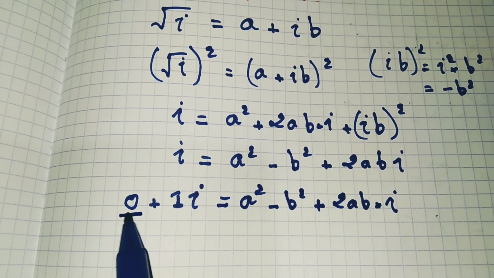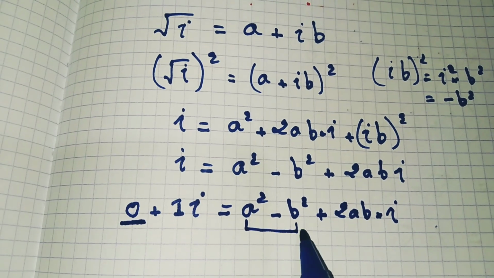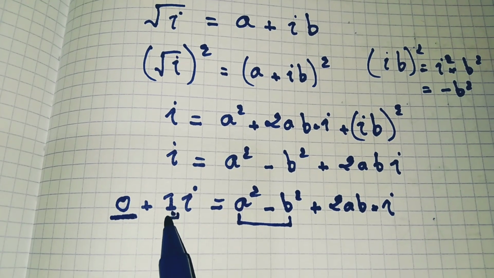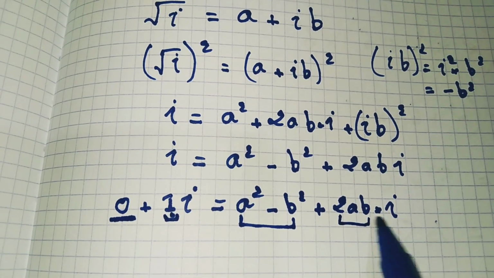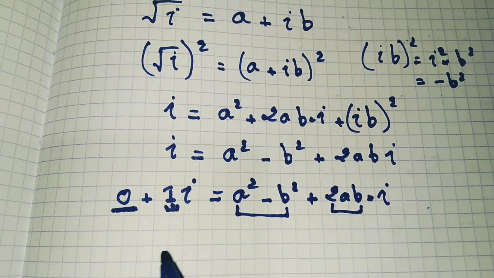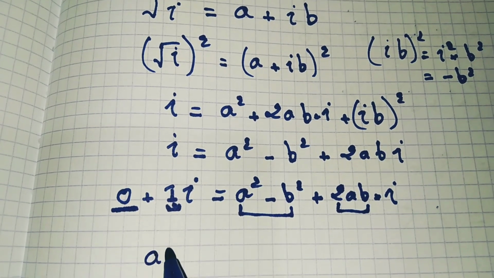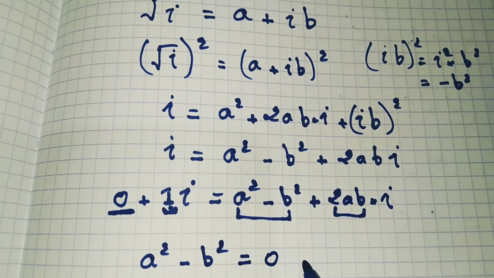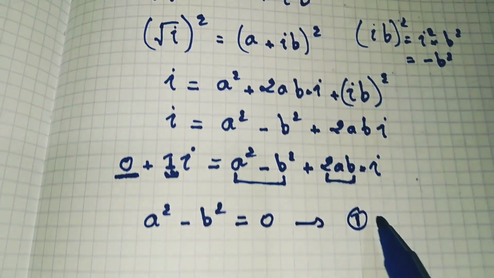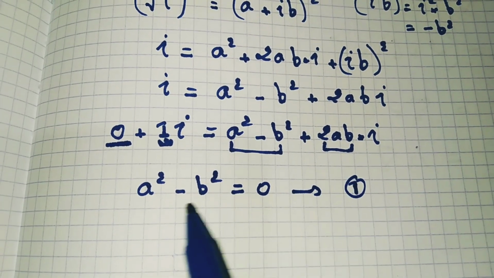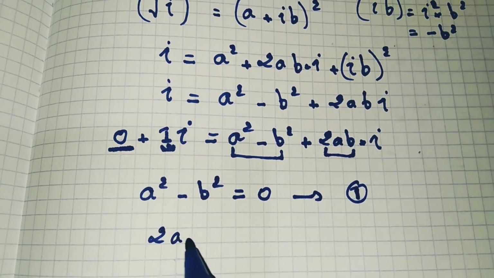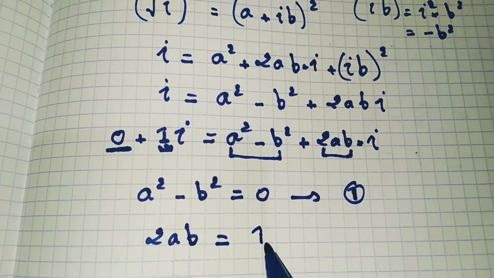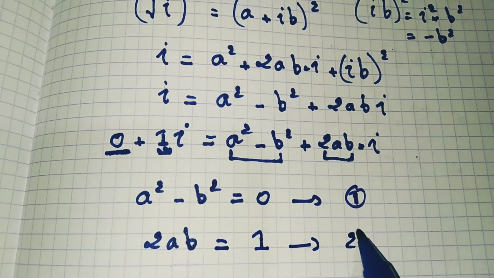So 0 is equal to a squared minus b squared, and 1 is equal to 2 times a times b. So a squared minus b squared is equal to 0, this is equation 1, and 2 times a times b is equal to 1, this is equation 2.